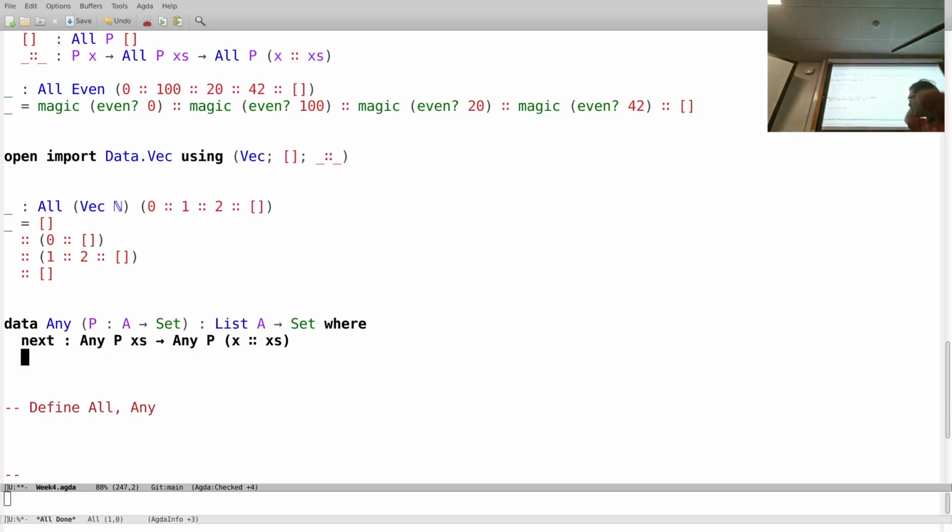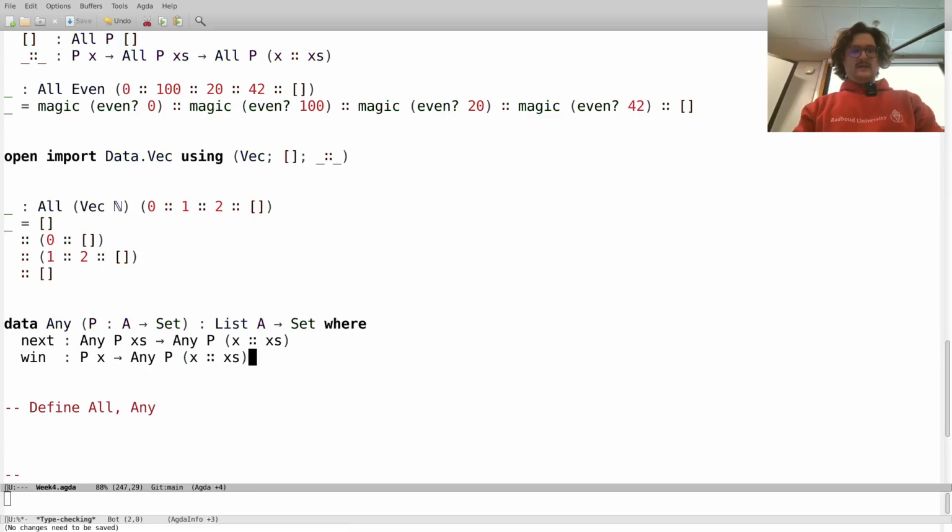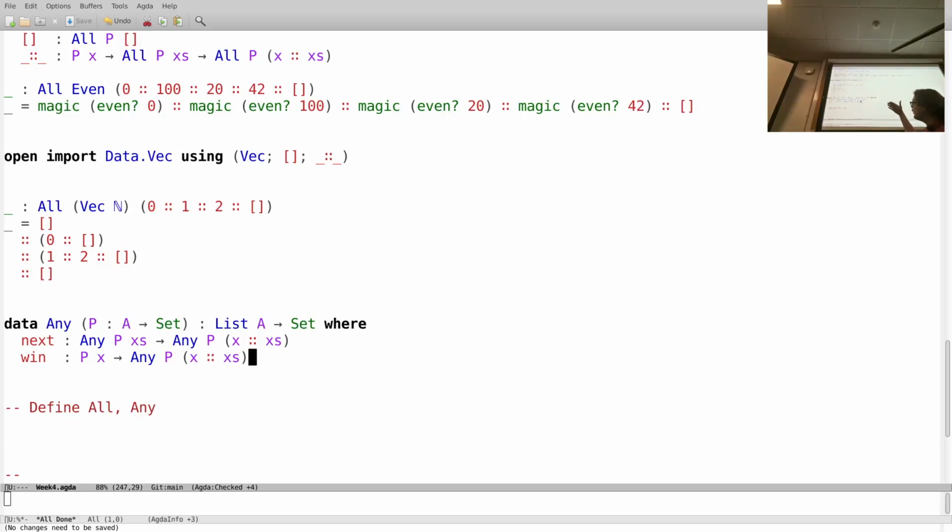So it's not the current one, it's the next one. Or otherwise, if we can prove that P is true of X, then it's true that there is a value somewhere in X :: Xs that satisfies P.